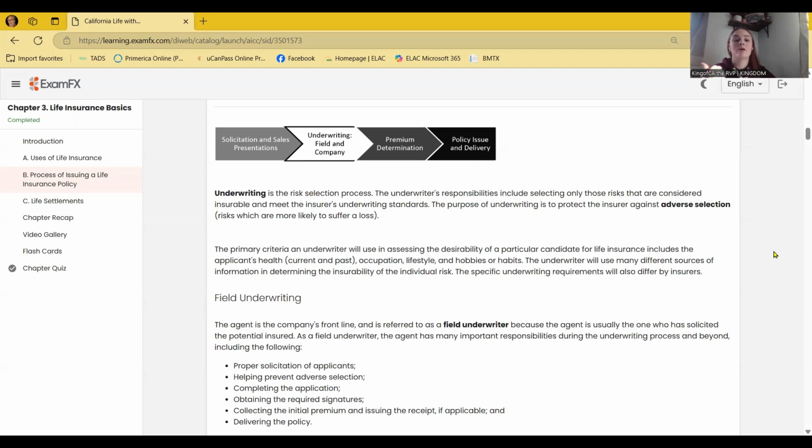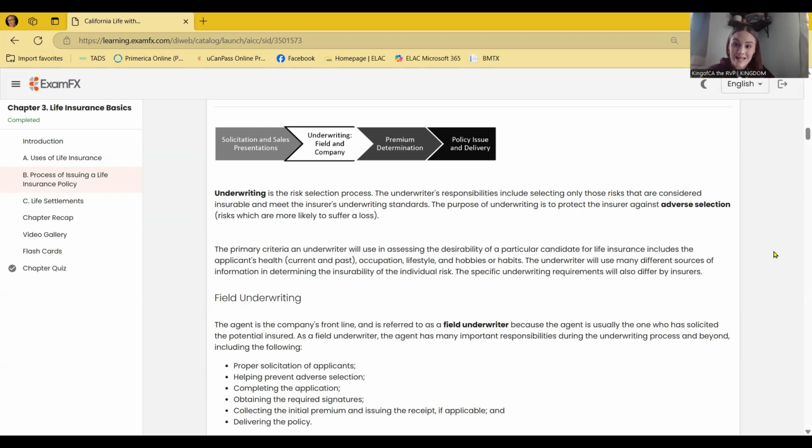So we hear about this over and over. Adverse selection is basically negative selection, right? It's the risk of too many poor risks being accepted compared to the intermediate risks and preferred risks, right? So too many unhealthy people, too many older people, and not enough of everyone in the middle.